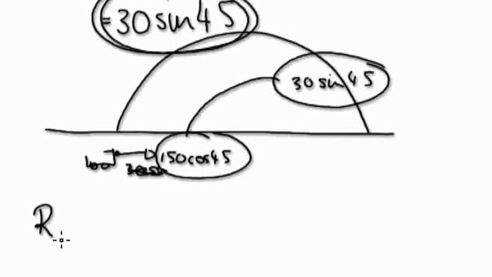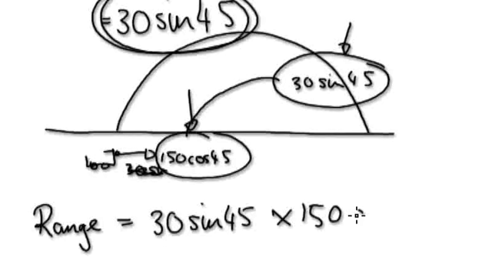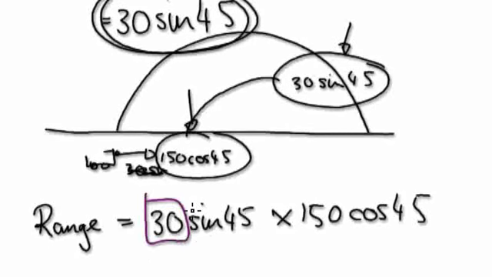So the range equals the time here times the speed here: 30 sin 45 times 150 cos 45. Now it's just this times this, they're all multiplying each other.